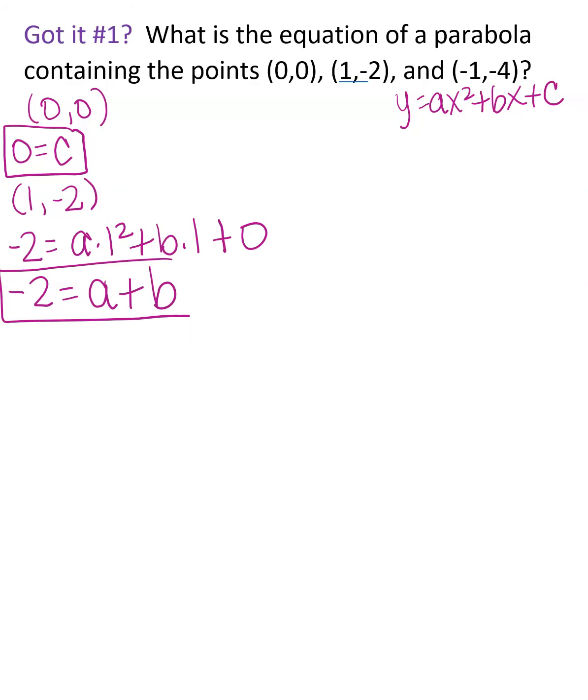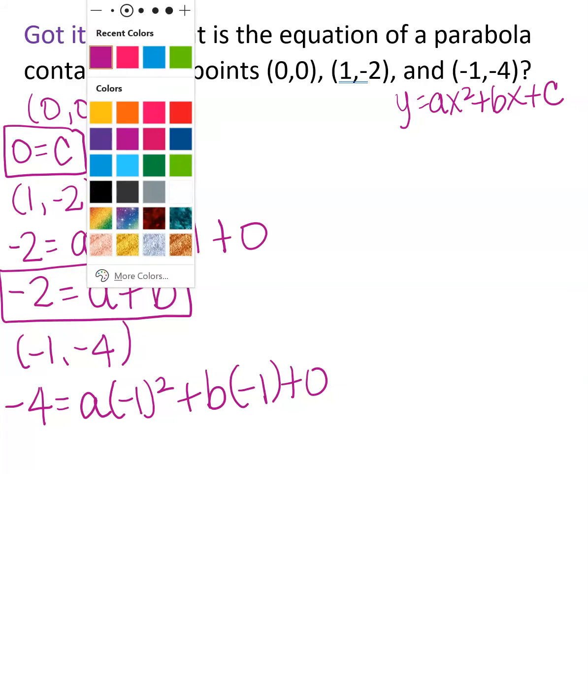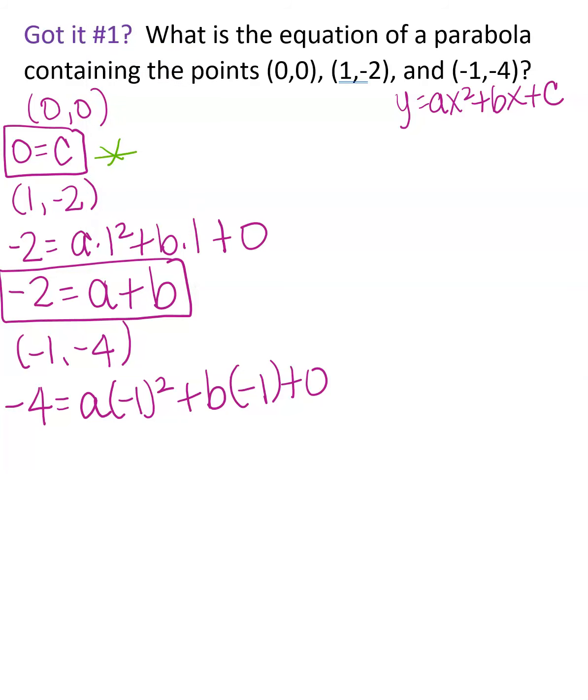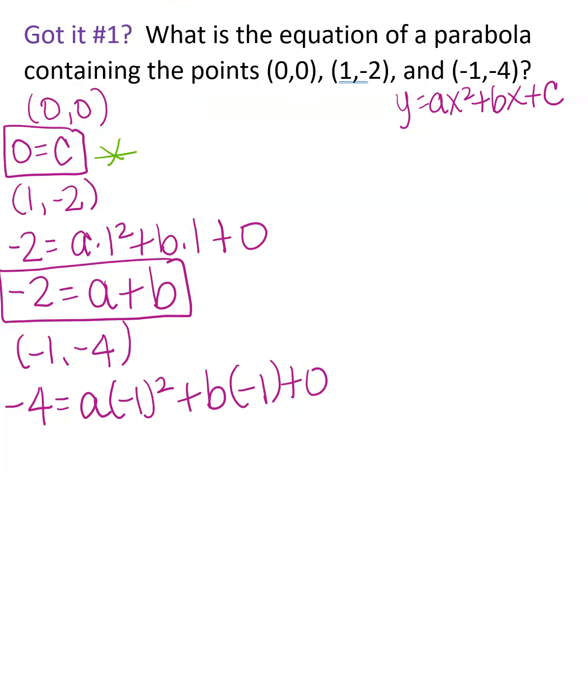That is one of my equations. (-1, -4) gives me the other one. So -4 equals a times (-1) squared plus b times -1 plus 0 again, because c was 0 at the beginning. I'm going to put a star by that one because that's part of our answer.